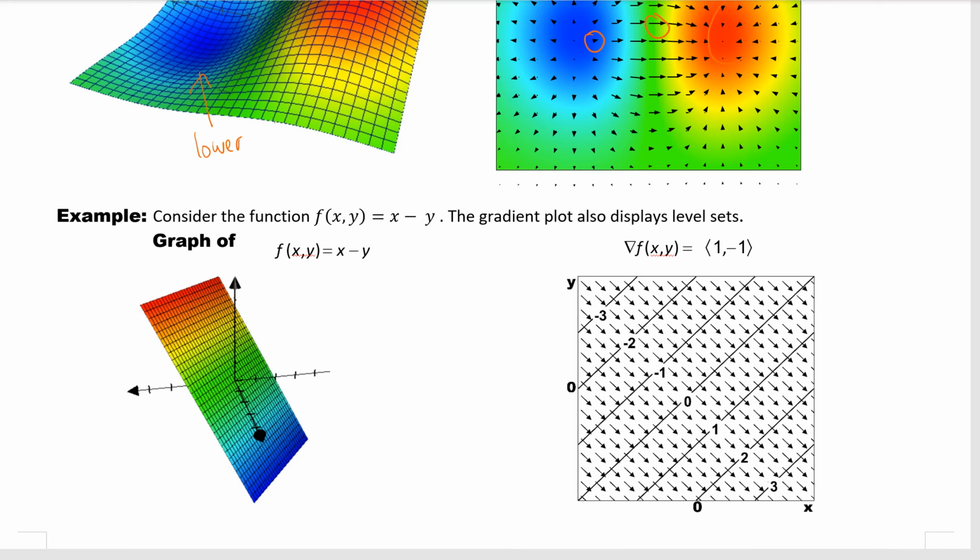So the arrows, maybe there's an issue with the orientation, so we should flip this. The arrows should be pointing to where f increases, but here it looks like they go down.